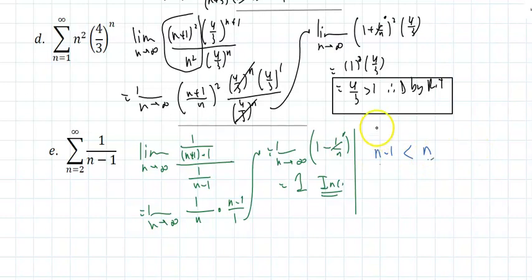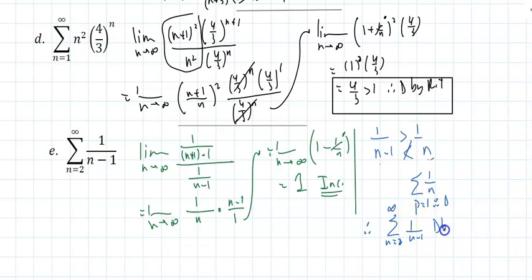So this is bigger. 1 over will switch the sign. And again, make sure you write the series of 1 over n. That is p equal 1, diverge. Therefore, the series n equal 2 to infinity of 1 over n minus 1 diverges by the comparison test, because this is smaller.